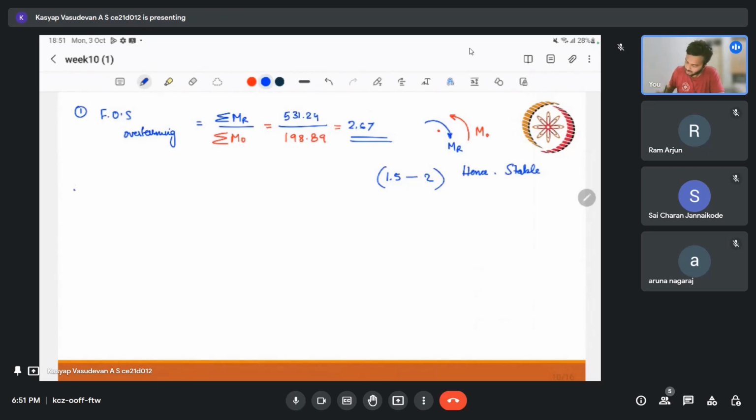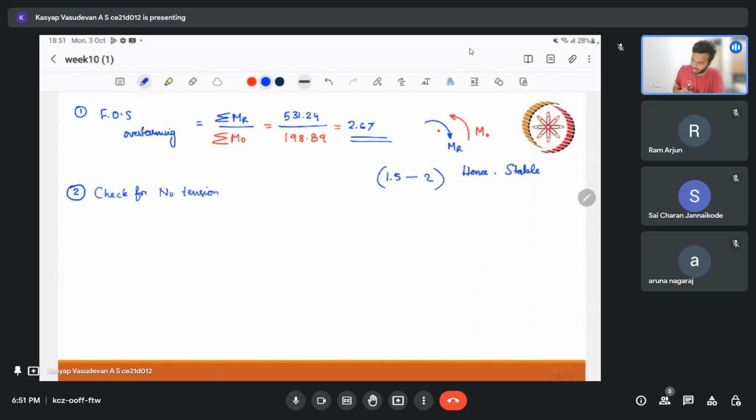The second one is not the factor of safety; we have to check whether there is no tension.